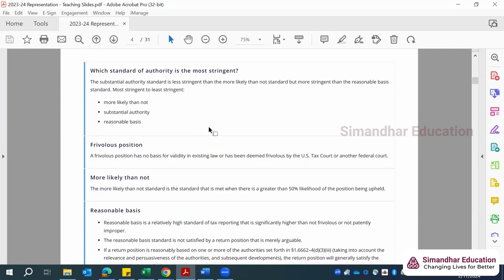Okay. The second standard that we have is the substantial authority standard. Now, substantial authority is a more stringent standard than reasonable basis, because in order for you to have substantial authority, you should base your opinion on authoritative literature.